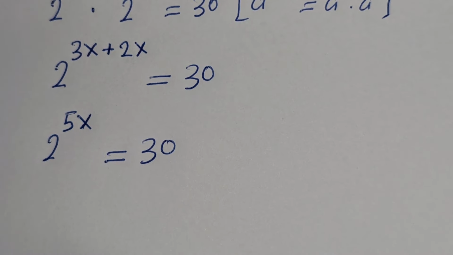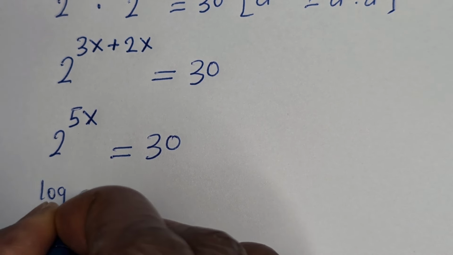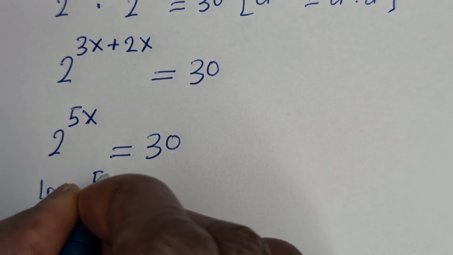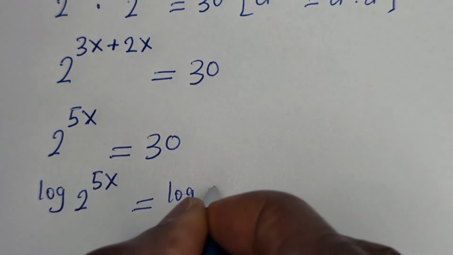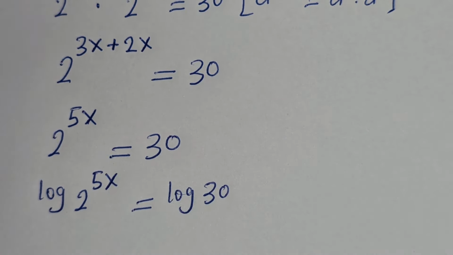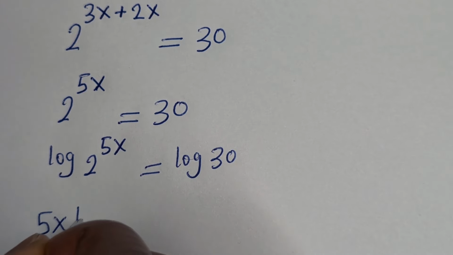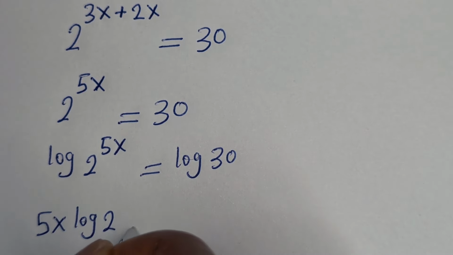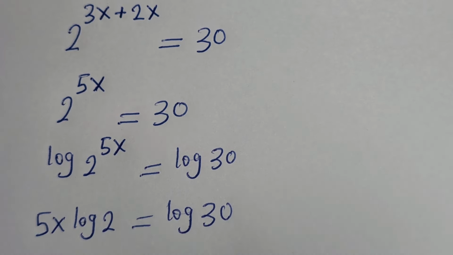Let us take the log on both sides of this equation. Log 2 raised to power 5x is equal to log 30. Now we have 5x log 2 is equal to log 30.